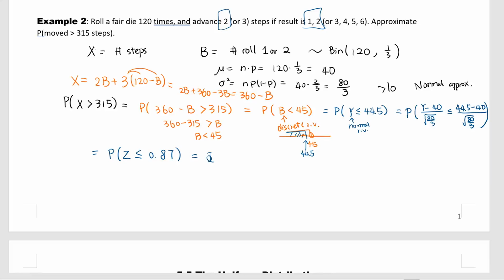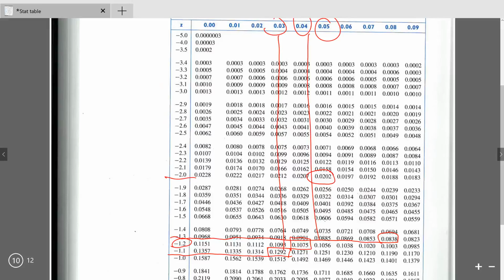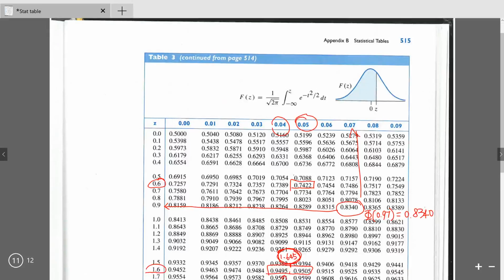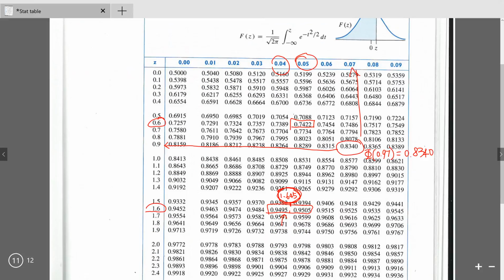That is less than or equal, great, that's exactly the CDF. If we don't get less than or equal, maybe we need to change it. Let's come back to our table. The z value is 0.87. What's the probability? Next page, 0.87 here. So it's 0.8078.